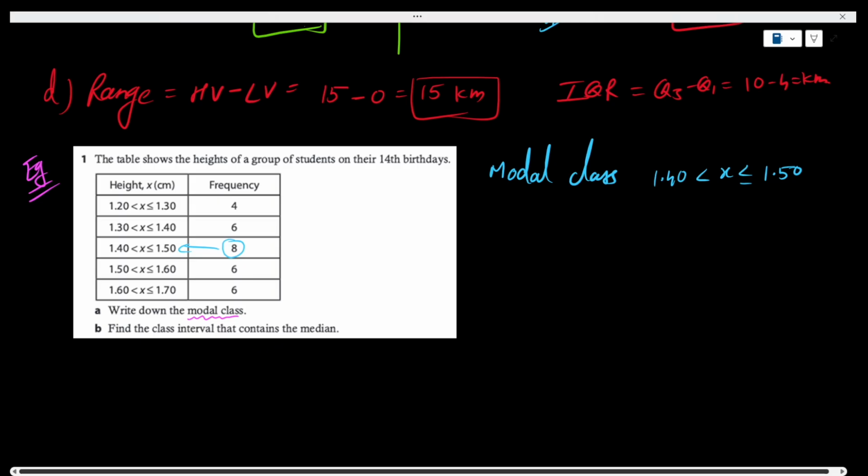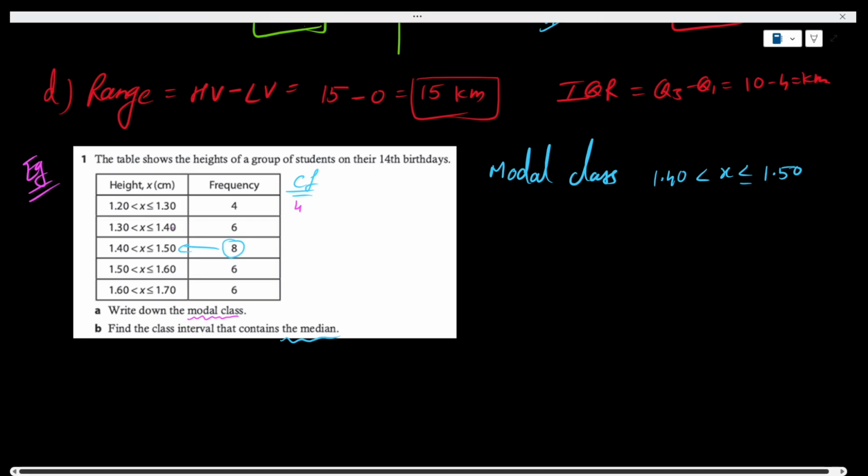Now after this, I need to find the class interval that contains the median. We don't need to draw a cumulative graph to calculate the median. We just need to find what the class is going to be. For this also we need cumulative frequency. Now if I'm taking cumulative frequency, you know everything less than or equal to 1.30 is 4.